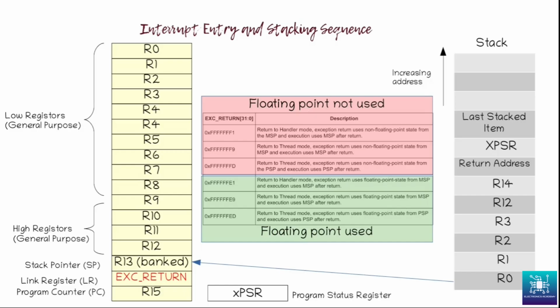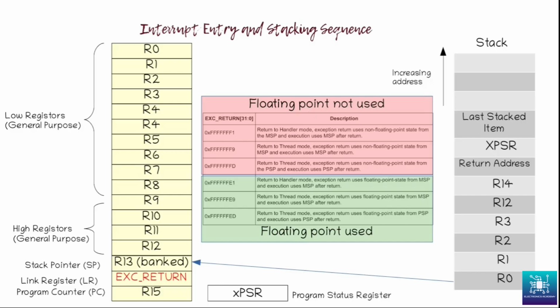For example, the interrupt works in a different mode. As we know, the processor switches to the handler mode when the interrupt is executing. Now, from the handler mode, it has to come back to the thread mode.